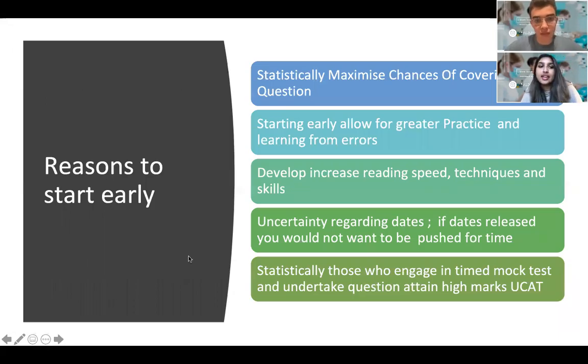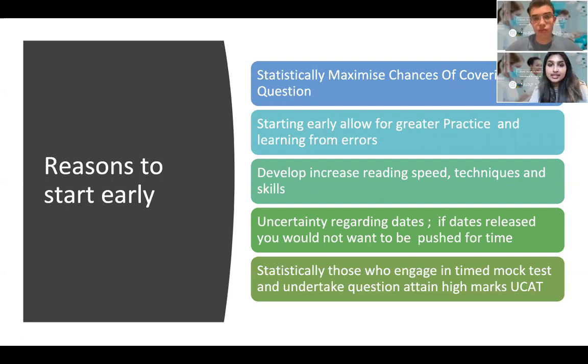As we said again, starting early is key. The reasons to start early would be to maximize your chance of covering more questions. With the UCAT, there is a pattern of similar questions being asked because they want to look at the same skills each year. So covering as many questions as possible will make sure that you attain all the skills needed for the exam.